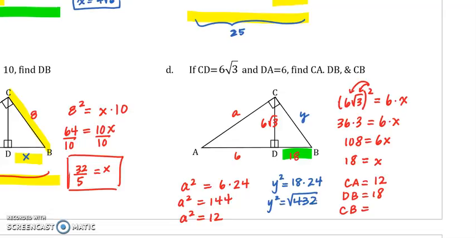I want you to find the largest perfect square right now that goes into 432. All right, I hope you found it to be 144. 144 times 3, and we get that missing side length to be 12 root 3. So CB would be 12 root 3. Takes a little bit of time, but can you imagine doing that one with similar triangles? It really could be tedious, so this little trick will actually just come in handy for speed.